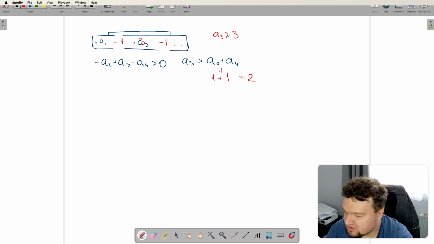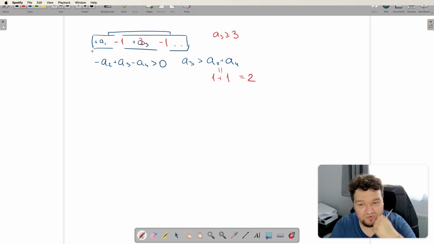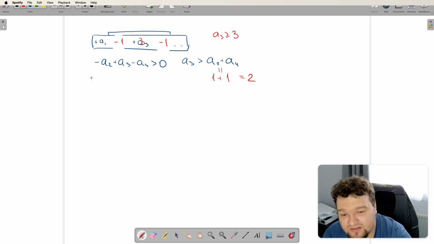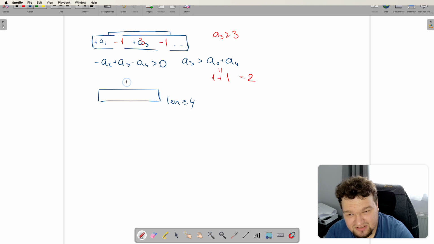Well, let's show that the property we are working with is that the sum on every segment of length at least 2 is positive. I want to prove that it doesn't make sense to check it for long segments. Let's say we have a segment of length at least 4. Then we can split it in half.